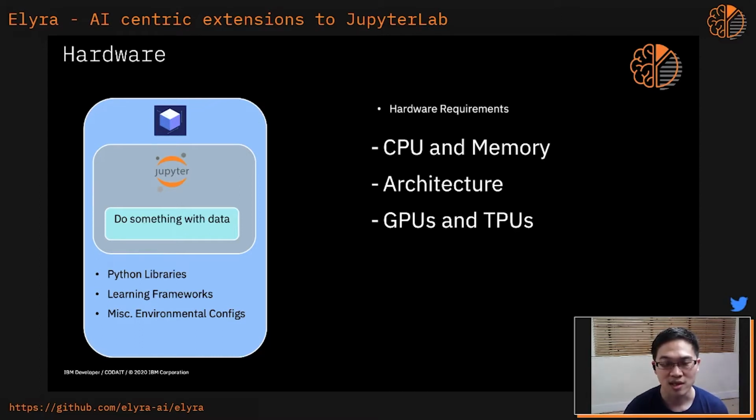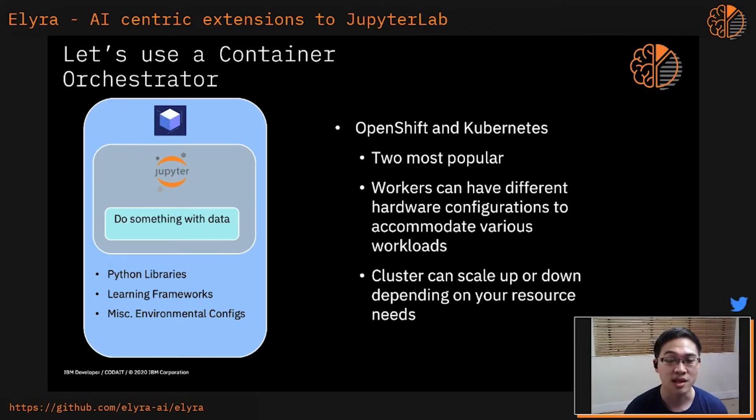So with that said, another elegant solution would be to use a container orchestrator to manage these resources. Workers can have different hardware configurations, and they can adapt to your workload needs.